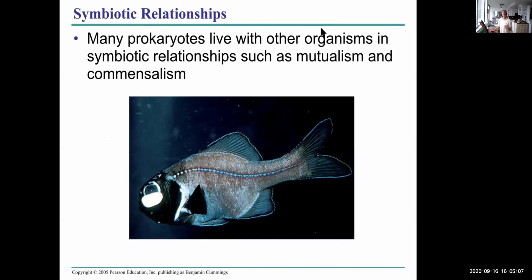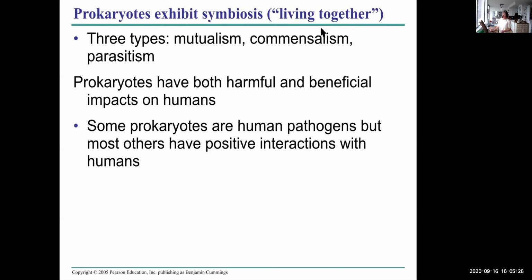Some bacteria are symbiotic with organisms like this fish. These bioluminescent areas of the fish are actually bacteria that live in the skin of the fish and are bioluminescent themselves. So incidences of mutualism and commensalism abound in nature.